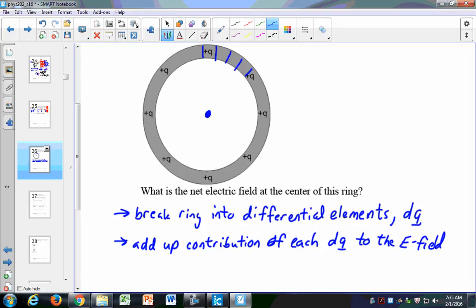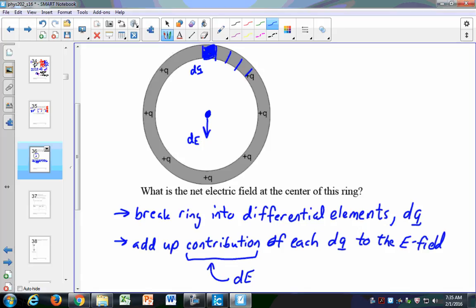And we'll call each of these contributions, each dq causes a certain electric field. We'll call these contributions dE. So for example, if I think about these differential elements, this differential element up here, which is dq, it causes an electric field down here that is dE. So I just imagine this is a point charge.